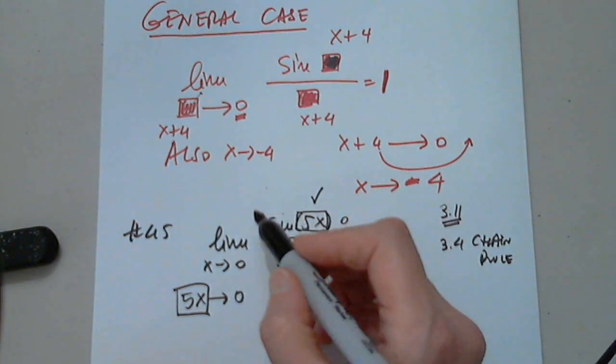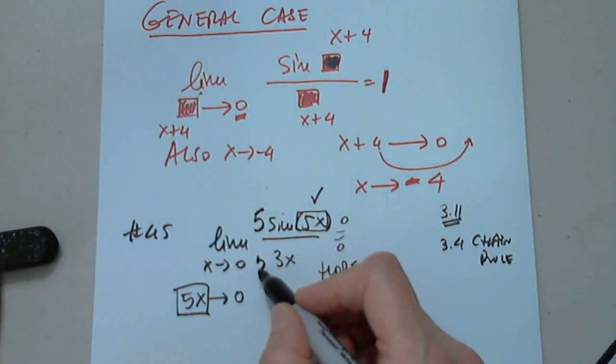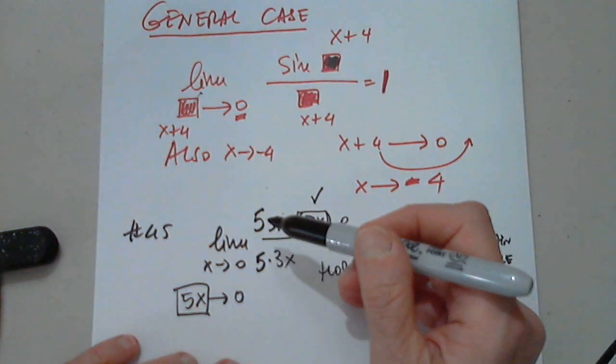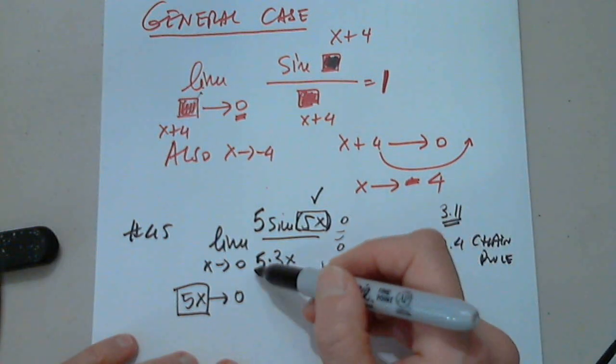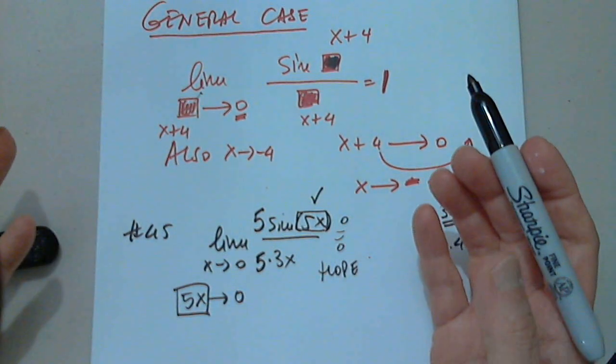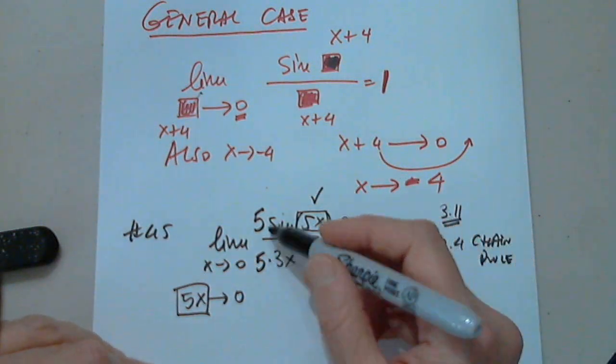And I am allowed to multiply and divide by 5. So if I multiply the numerator by 5 and the denominator by 5, am I changing the function? No, I'm multiplying by 1.